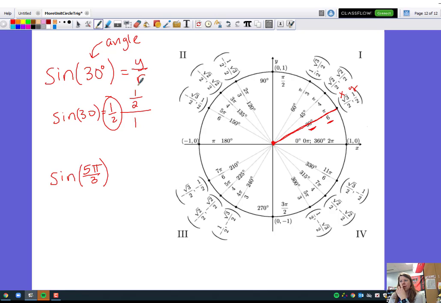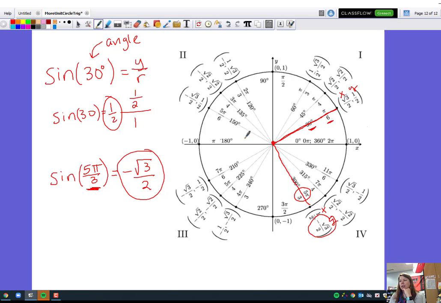So what does y equal at this angle measure? I find this angle measure. Here's 4 pi over 3, 2 pi over 3, 1 pi over 3, and I want 5 pi over 3. At this angle measure, the y value is equal to negative square root of 3 over 2, divided by 1, but that's not changing anything, so this is my final answer.